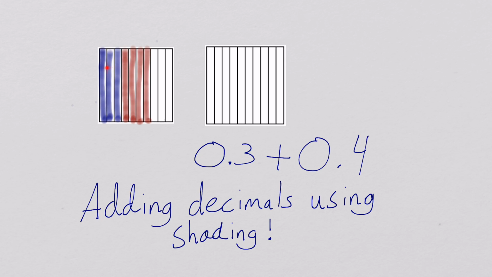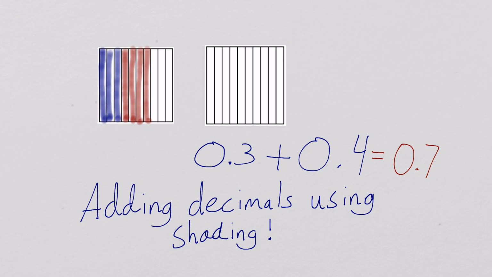Now I have 3/10 in blue plus 4/10 in red. And if we count up all of our strips that were shaded, 1, 2, 3, 4, 5, 6, 7, we're going to get the sum to our decimal addition problem, which ends up being 0 and 7/10.